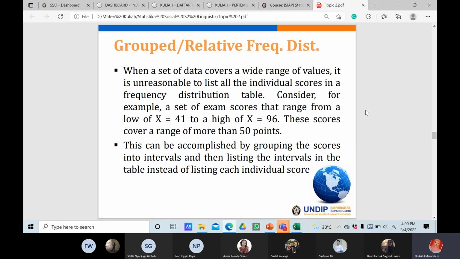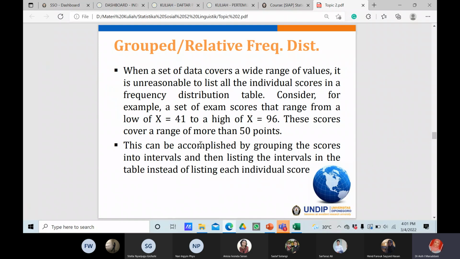When you present this series of data with a frequency distribution, like I said before, I think we have to produce a very large table, at least 50 rows, to cover from 41 until 96.